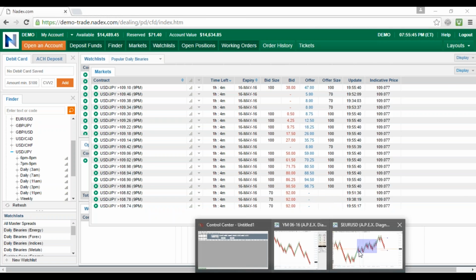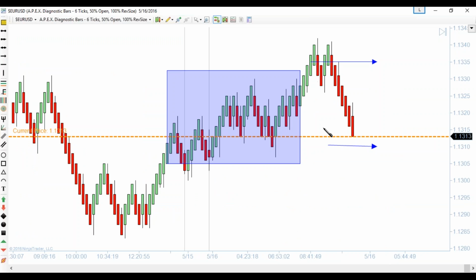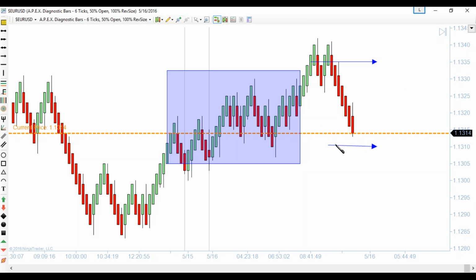So if you follow the rules of getting out of your trade when it hits the other side, that keeps your risk and reward in check.